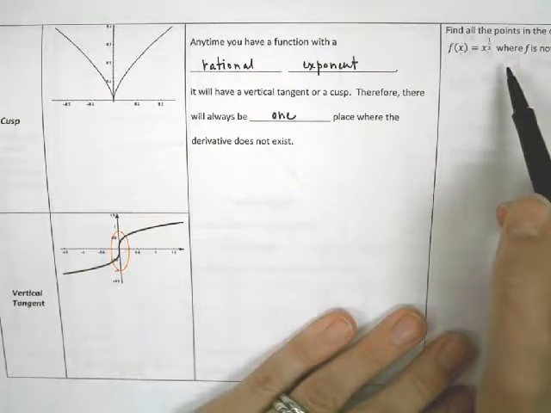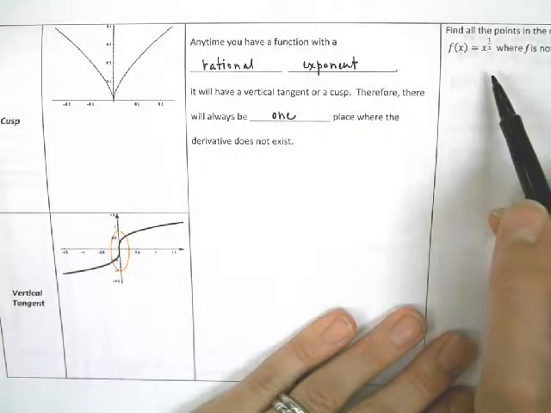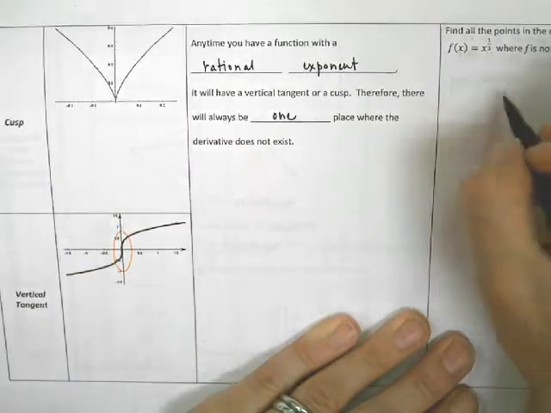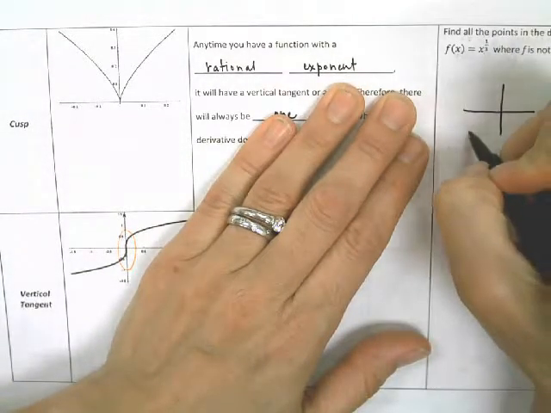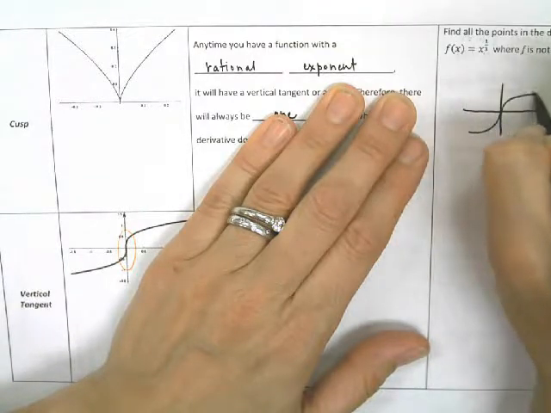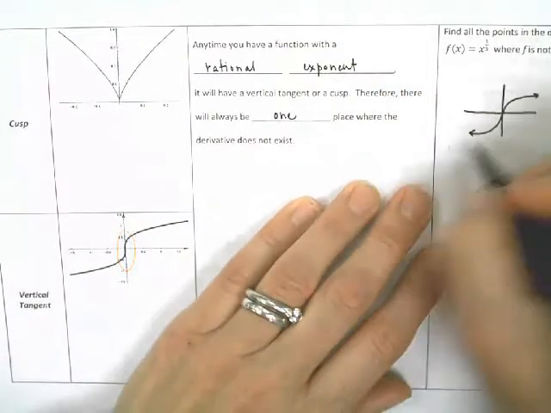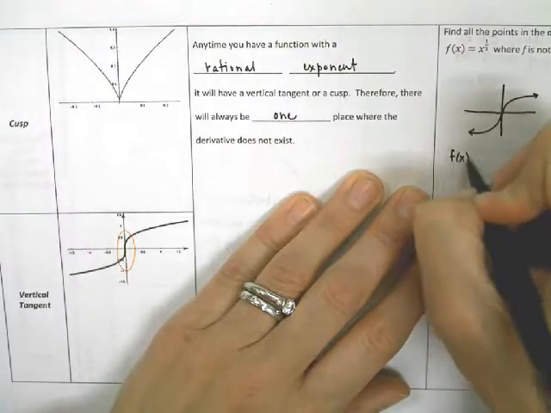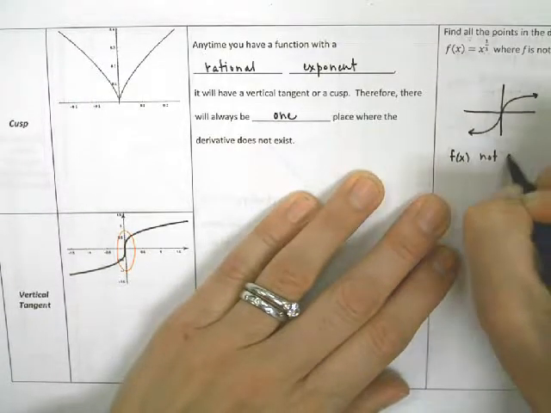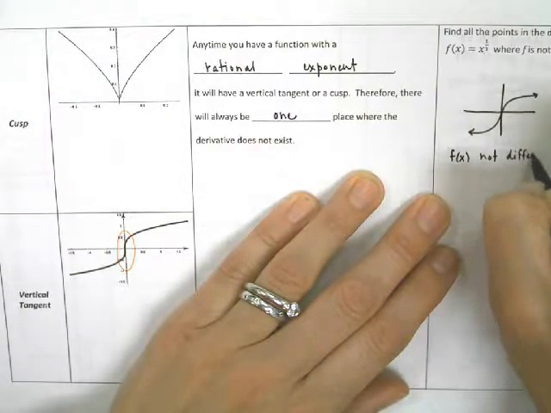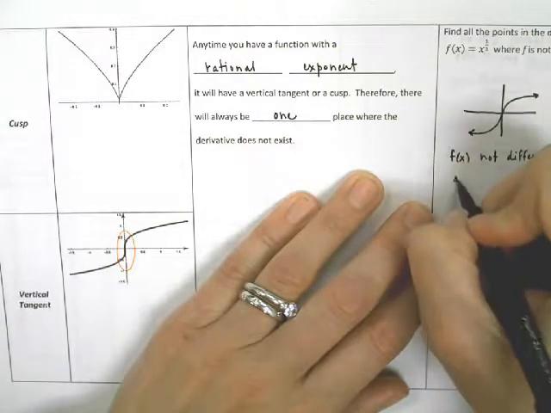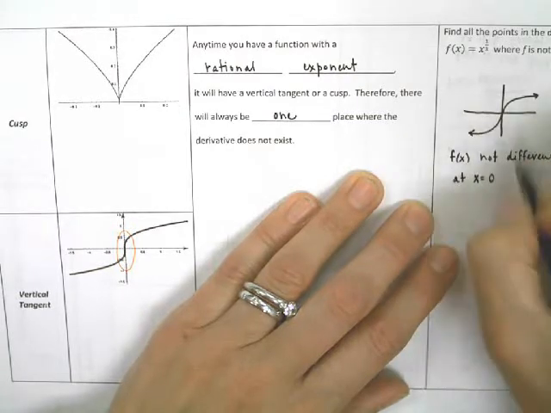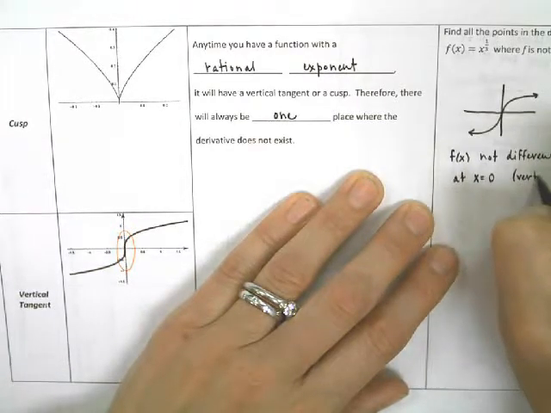For example, find all the points in the domain of f of x equals x to the 1/3 where f is not differentiable. So I know that graph is going to look something like this. Right? We get that vertical tangent there. So we would say f of x is not differentiable at x equals 0 because of a vertical tangent.